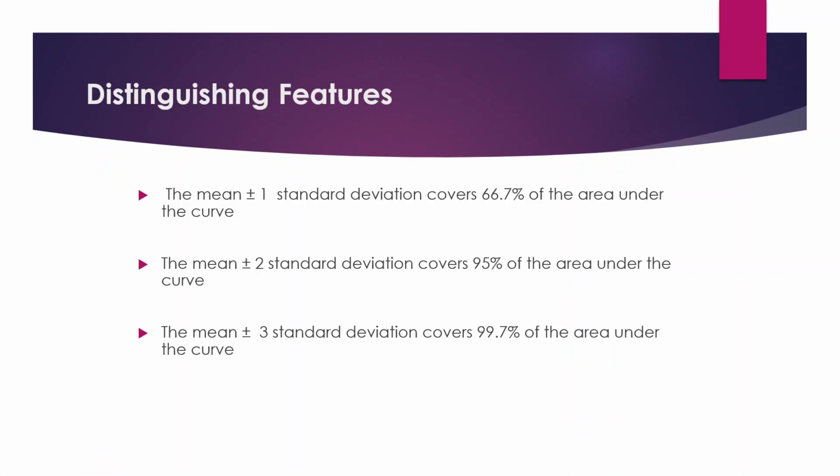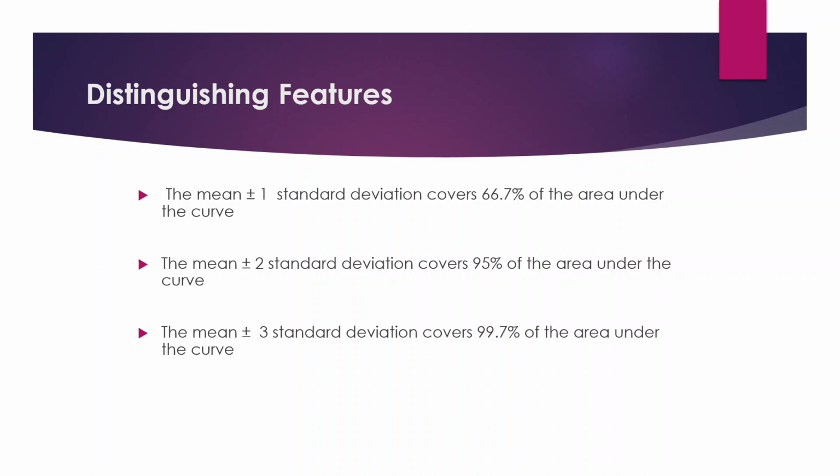Now if I talk about how much area this bell-shaped curve covers when we take the observations which are equal to mean plus or minus 1 standard deviation, it covers about 66.7% of observations.